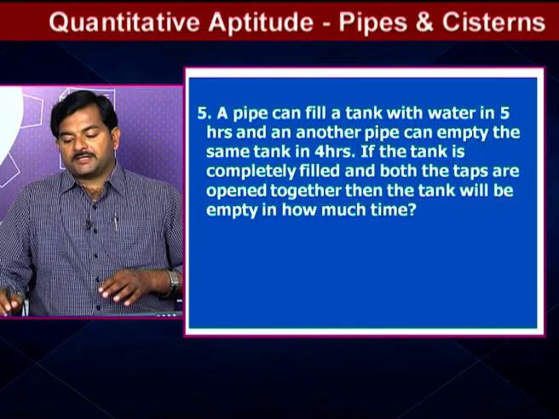See, observe here the beauty of the question. Here it's a logical question. You need not put the pen on paper, because in the fourth question pipe A can fill the tank in 4 hours, pipe B can empty the same tank in 5 hours. But whereas here to fill the tank, pipe A is taking how many hours? 5 hours.